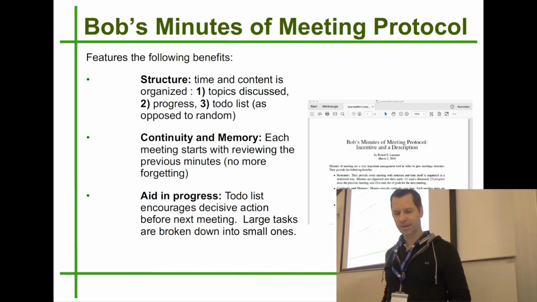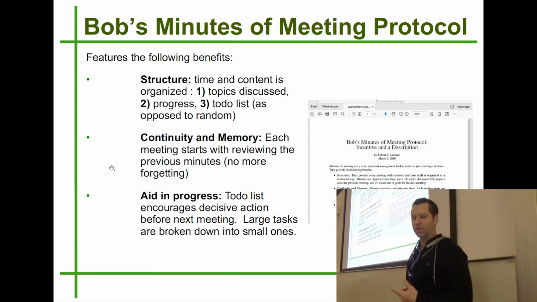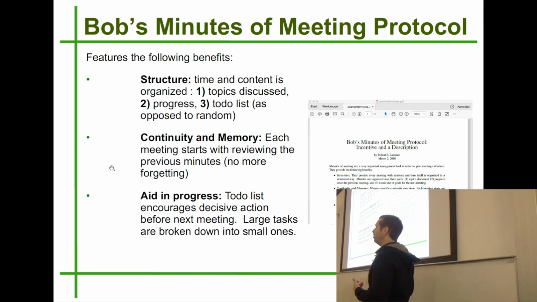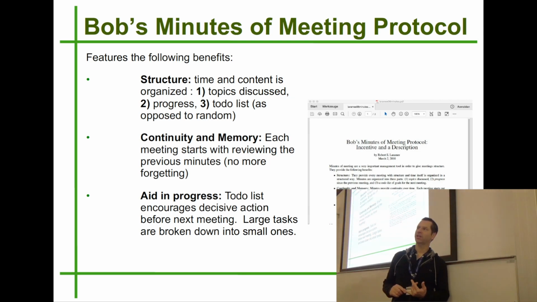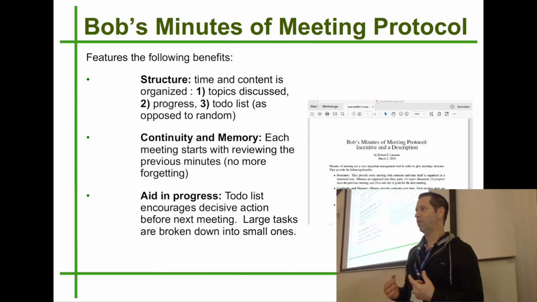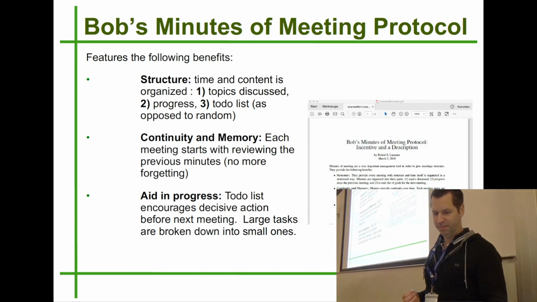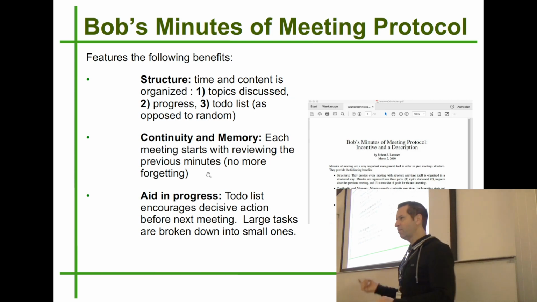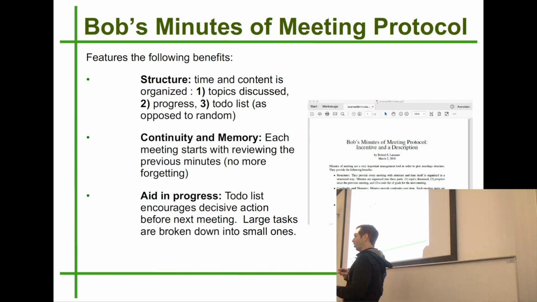So this protocol provides continuity between meetings and memory, right? So now suddenly we can remember what we talked about at the last meeting, what we're supposed to do, what the takeaways are. Each meeting starts with reviewing the previous minutes of meeting protocol.